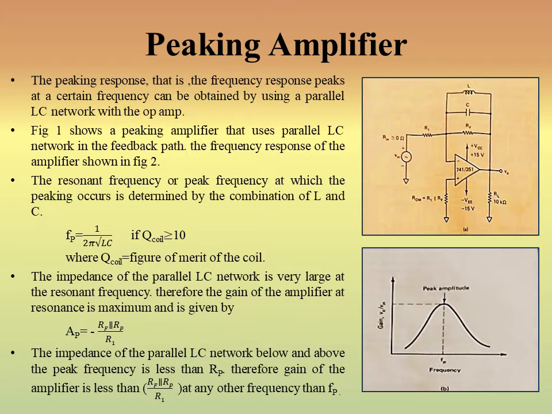So the gain will be maximum at the peak or resonant frequency, and it will drop down on both sides, either left-hand side or right-hand side, as you can see from the diagram. So this is basically the use of an operational amplifier as a peaking amplifier.